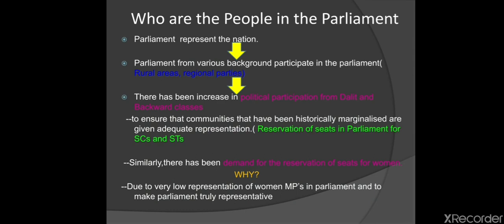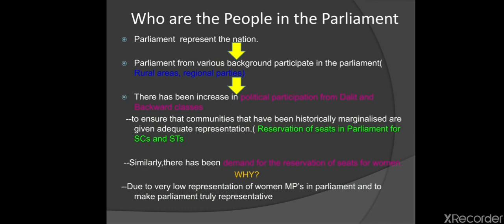These are the classes which were not given the right to vote first, but now everyone has the right to vote, and there is reservation in the parliament also for some weaker sections of the society. So there has been an increase in the political participation from Dalit and backward classes to ensure that communities that have been historically marginalized are given adequate representation.